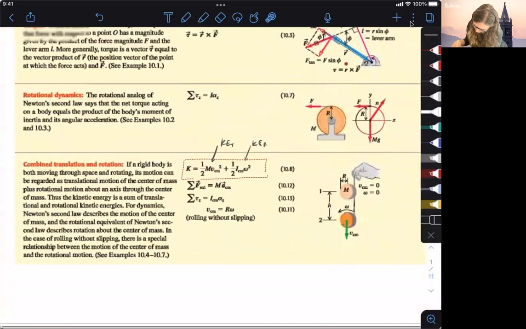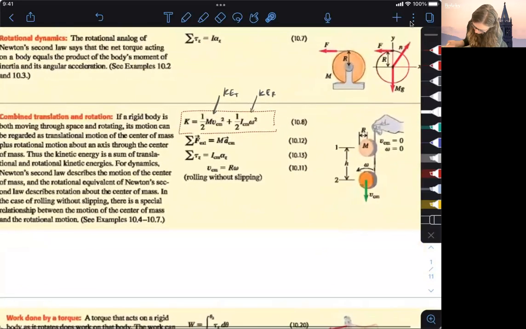We talked about this before also, but there is a relationship between that linear velocity and that angular velocity. If we have other things in the system at angular velocity, sometimes that relationship might change a little bit.